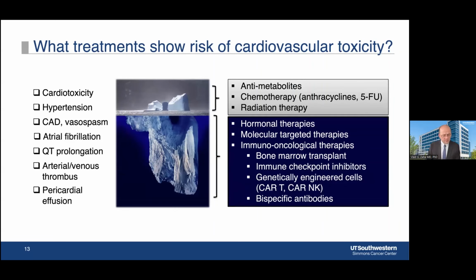And this is the iceberg paradigm, where most of the well-established treatments, such as antimetabolites or chemotherapy, for example, anthracyclines or 5-fluorouracil or radiation therapy, are well recognized by now for causing cardiotoxicity.